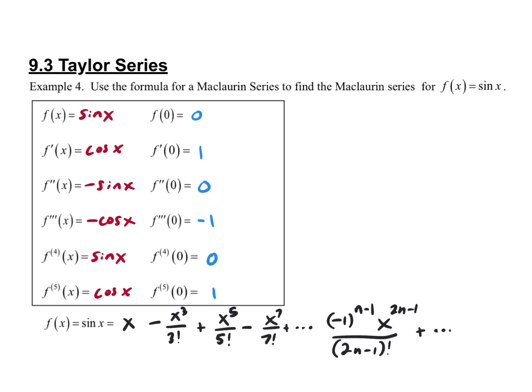So -1 to the n minus 1, because our first term is positive. You could have said n plus 1 instead, because this particular part of the general term just needs to oscillate between positive and negative. That part's not as important.